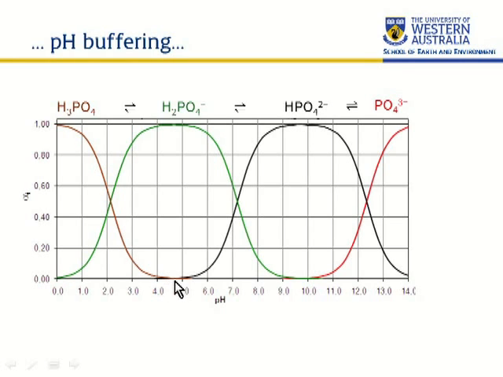So we see that being less important and disappearing effectively from the solution about pH 4 at the expense of the dihydrogen phosphate anion, which then becomes the predominant species at about pH 4.5, and which, as pH increases further, then drops off in concentration at the expense of the monohydrogen phosphate anion, again because the increase in pH lowers hydrogen ion concentration and allows further dissociation according to chemical equilibrium principles, and at very high pH we see the orthophosphate anion.